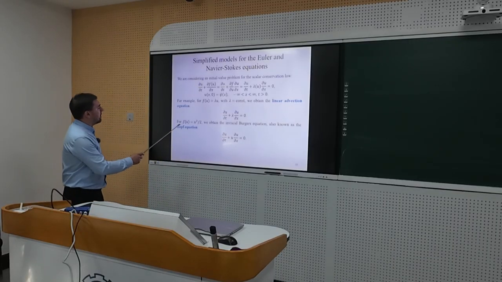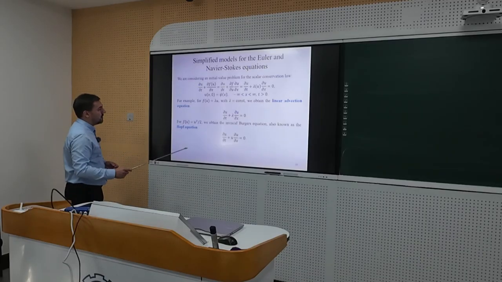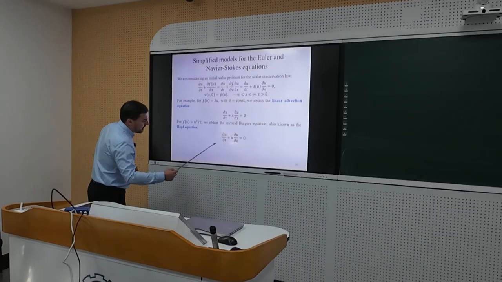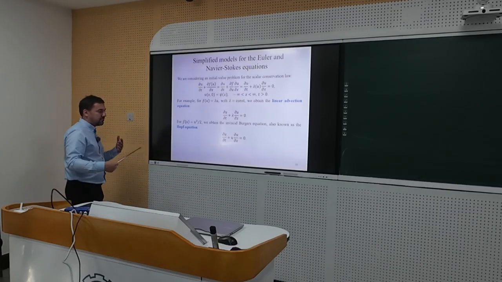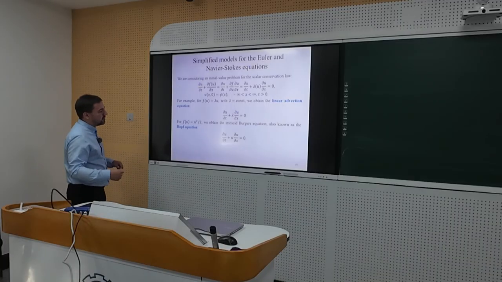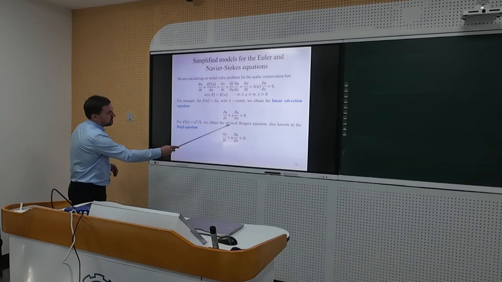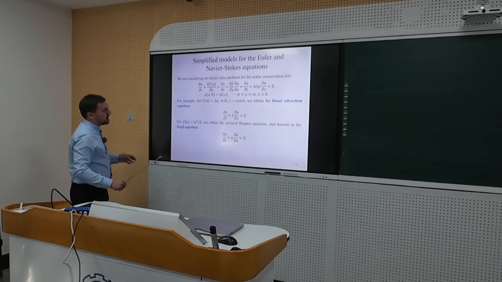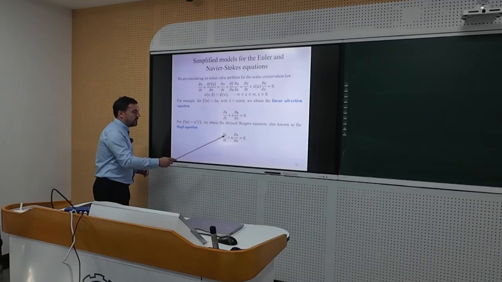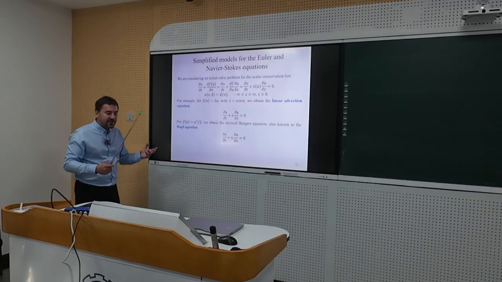If we choose f of u as u squared over 2, we obtain the inviscid Burgers equation, also known as the Hopf equation. This equation is also very important, useful, and widely used in literature because it follows the development of the linear advection equation, but it is a nonlinear advection equation.